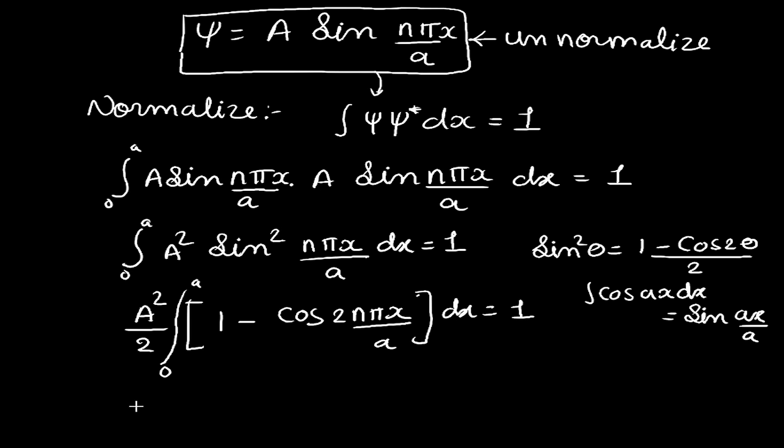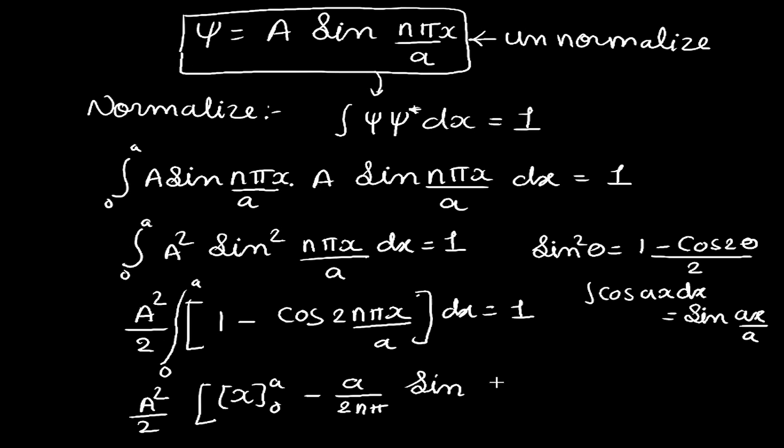So when we integrate it we will have a square by 2 into, integration of dx will be x, and that will be x between the limit 0 to a, minus integration of cos 2n pi x by a, which will be again a by 2n pi into sine of 2n pi x by a, and the limit is between 0 to a.